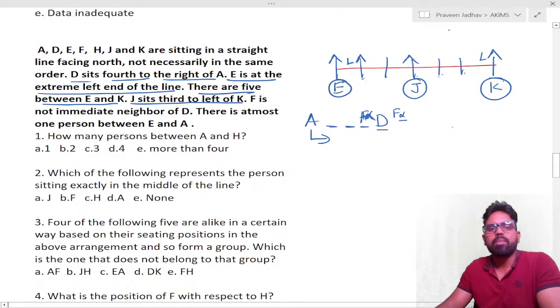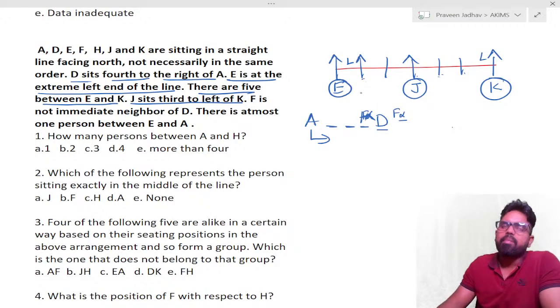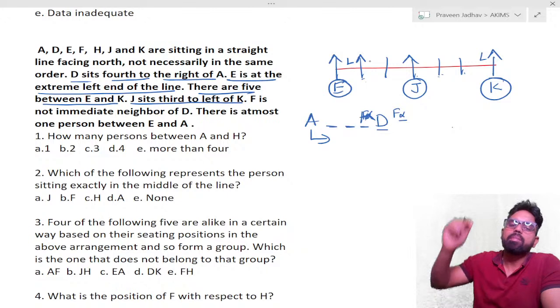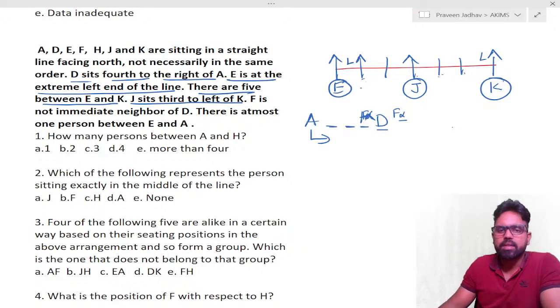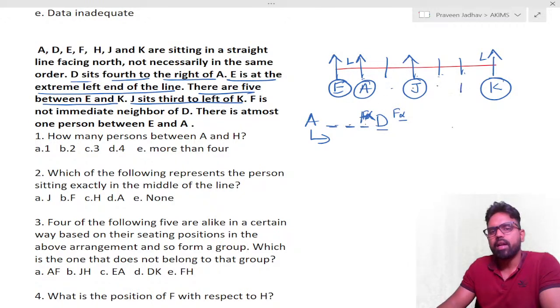There is utmost one person between E and A. Meaning maximum one can be there. Can there be zero? Yes, there can be zero. A can come here. Yes. 1, 2, 3. Who will come here? D will come here.